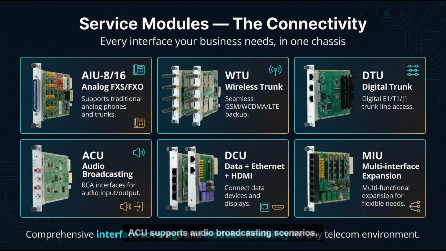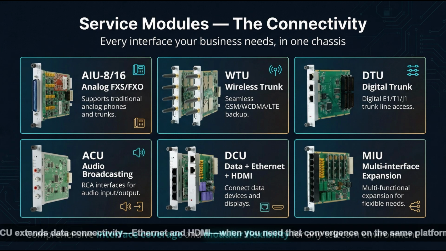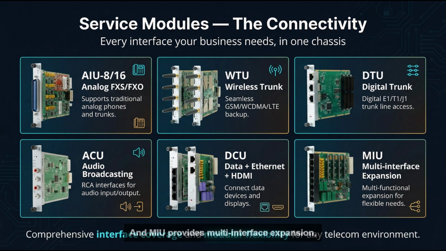ACU supports audio broadcasting scenarios. DCU extends data connectivity, Ethernet, and HDMI when you need that convergence on the same platform. And MIU provides multi-interface expansion, so you can scale the mix of ports as requirements change. The overall point is coverage. You can design one chassis to fit legacy, IP, carrier trunks, and backup paths together.